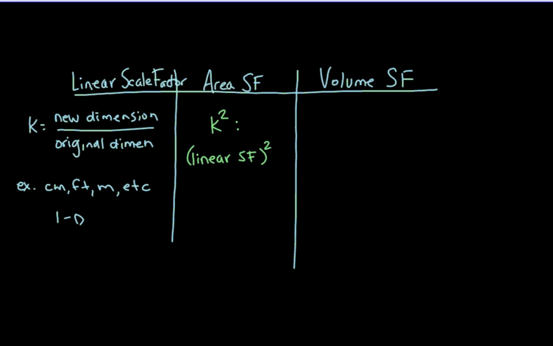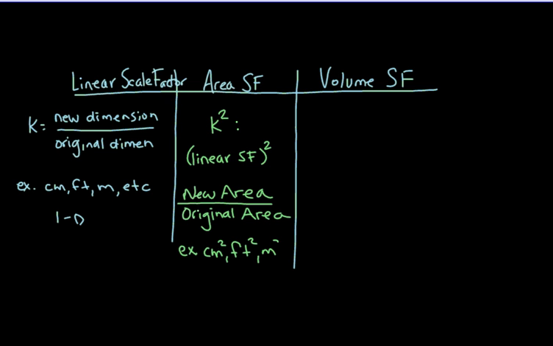We also can find it by taking our new area and dividing it by our original area. It would also give us our area scale factor. And one way we can figure out our area scale factor is if the units are two-dimensional, so centimeters squared, feet squared, meters squared, and so forth.